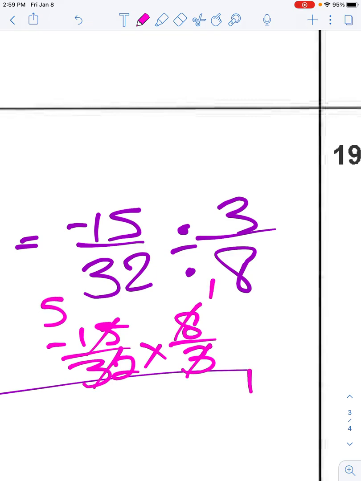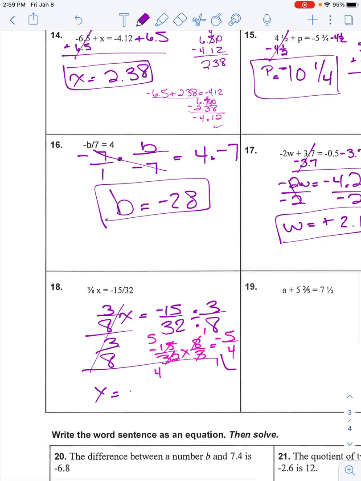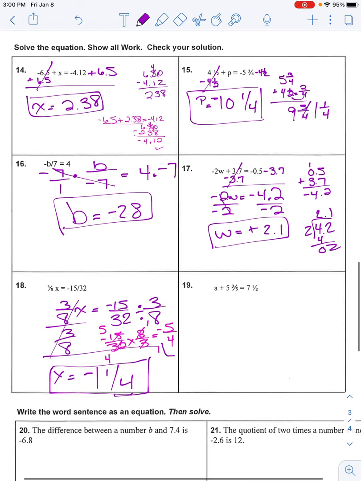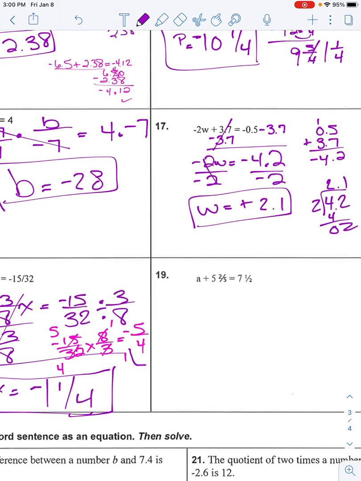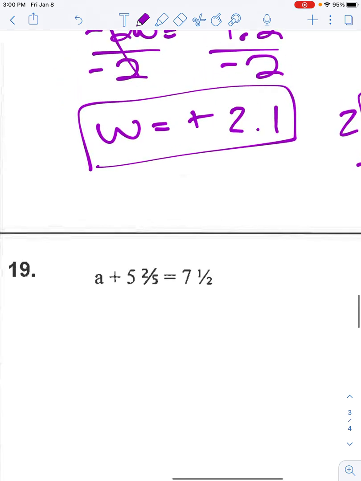Okay, 3 goes into 3 once, 3 goes into 15 5 times, 8 goes into 8 once, 8, 16, 24, 32 goes in there 4 times. So I have 5 4s. 1 is positive, 1 is negative, so it's a negative 5 4s. So negative 5 4s is the same as negative 1 and 1/4. Okay, and yes, you would need to go back and substitute back in and show it, prove it.